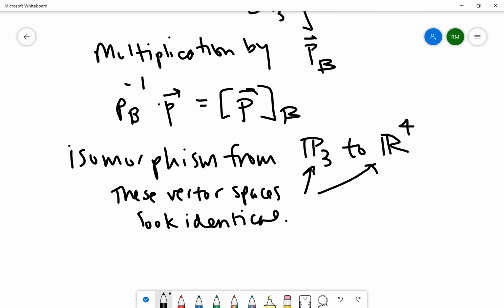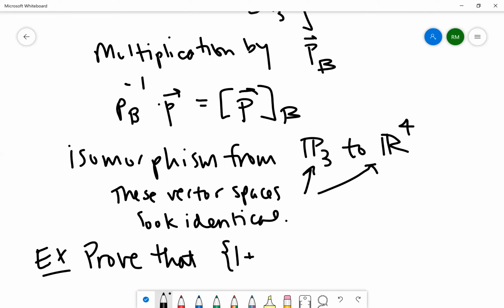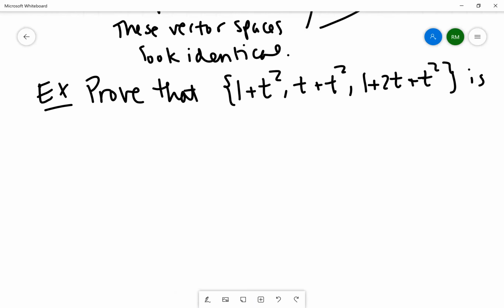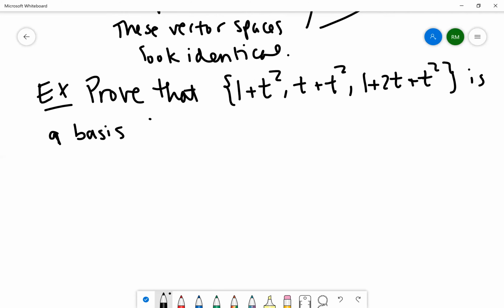I'm going to give you an example for you to work now. I want you to prove that this set of polynomials is a basis for P2.